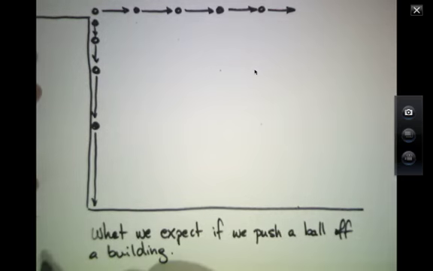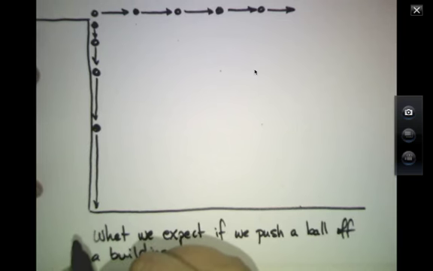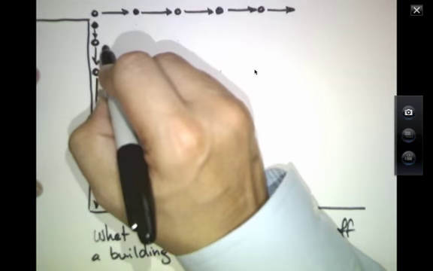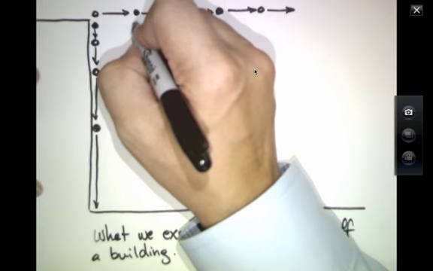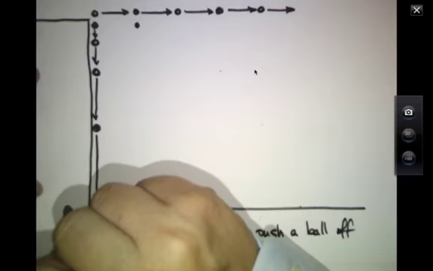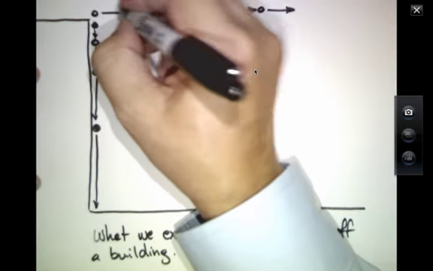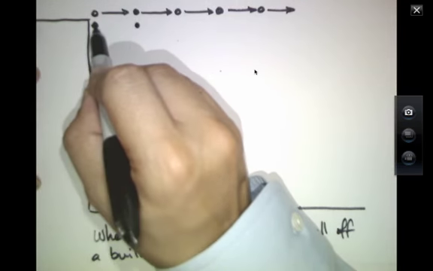Well, the actual motion is the sum of these two components. So displacement is a vector, and if it has an x component and a y component, then the net displacement is to be down here. And the net velocity is the sum of this vector right there plus that little vector right there.